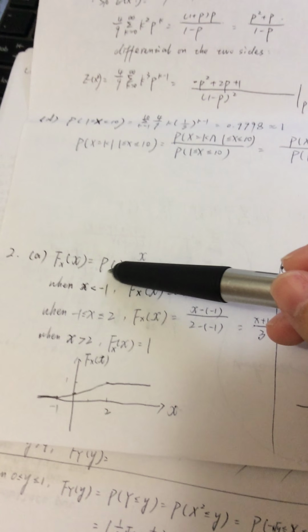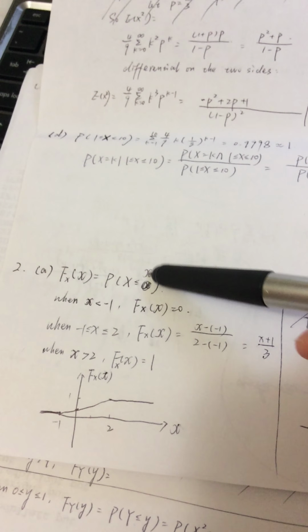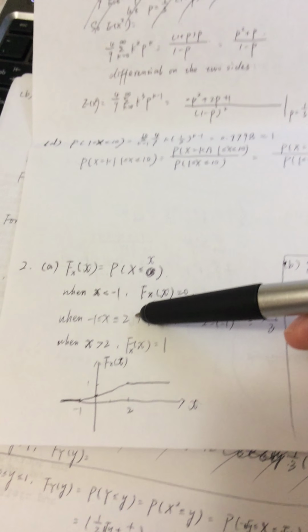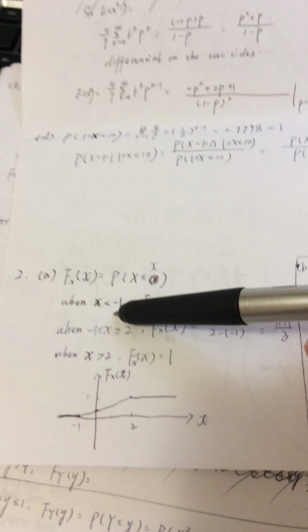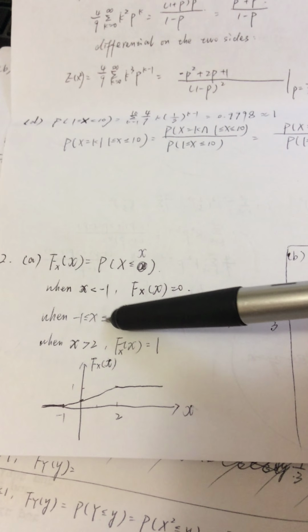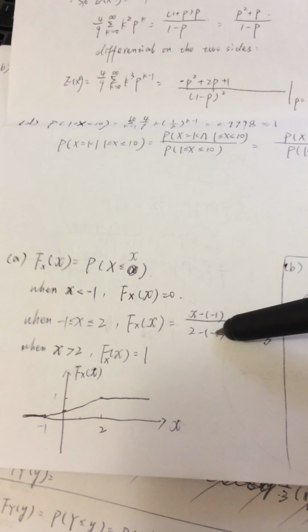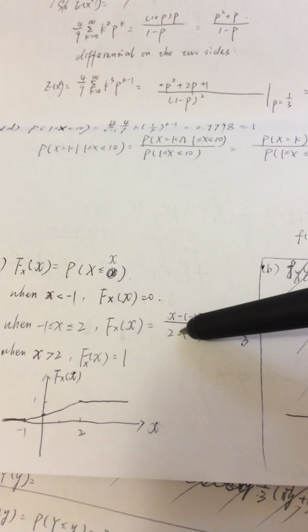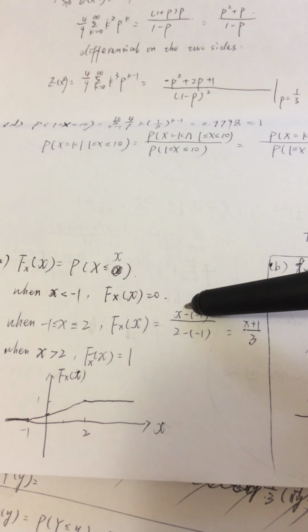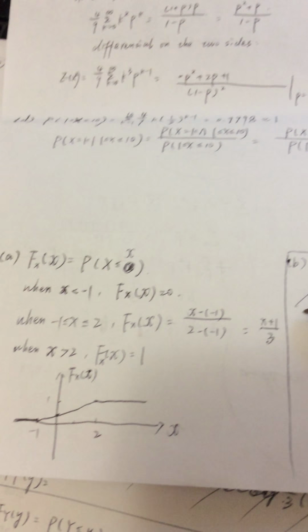F_X(x), from its definition, we can rewrite it as the probability that capital X is less than or equal to x. Obviously, when x is less than -1, F_X(x) is 0, and when x is greater than -1 and less than 2, because it's uniform, the denominator is 2 minus -1, which is 3, and the numerator is x minus -1, which is x plus 1, so F_X(x) is (x+1)/3.